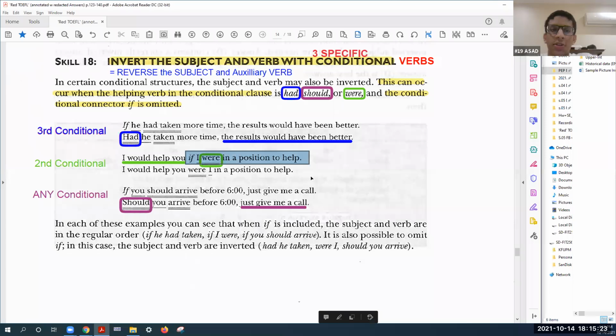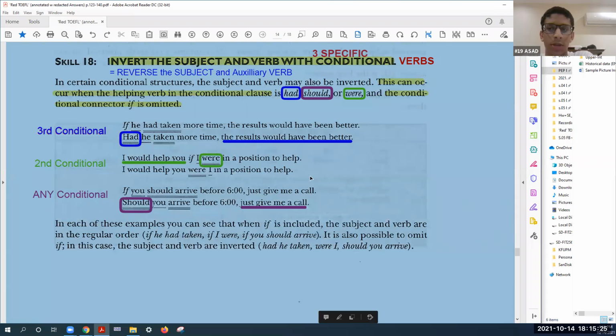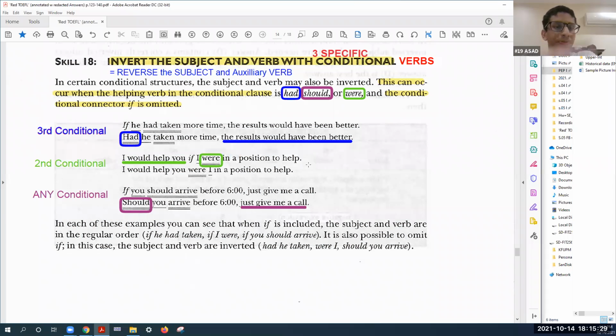Before I read, can I ask a question about the third conditional here? The second example, had he taken more time, is correct because this skill allows us to use had, should and were. We reverse the subject and verb. But if I said he had taken more time, is it correct or wrong?